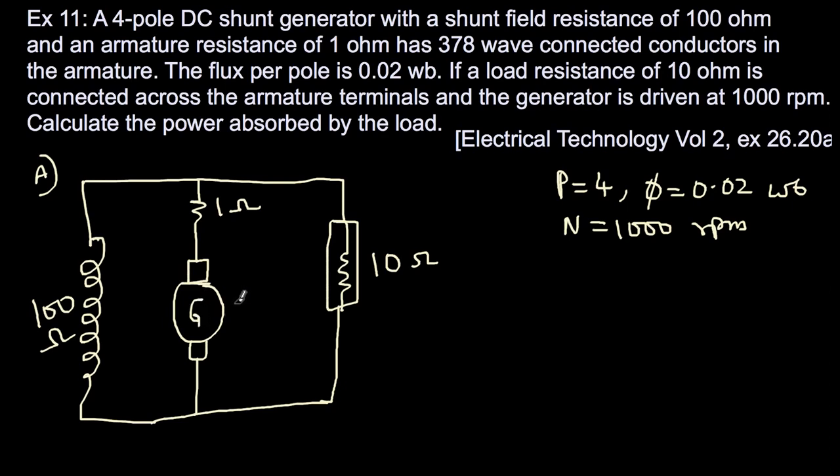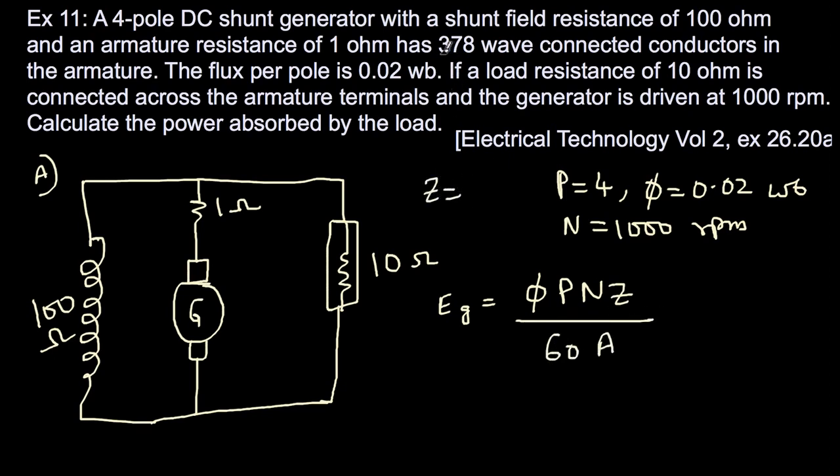So the terminal voltage, maybe we'll have to calculate that. First let's find the EG, the EMF generated. That is nothing but flux, P, N, Z by 60 into A. Z is given as 378 wave connected conductors, so parallel paths will be 2.